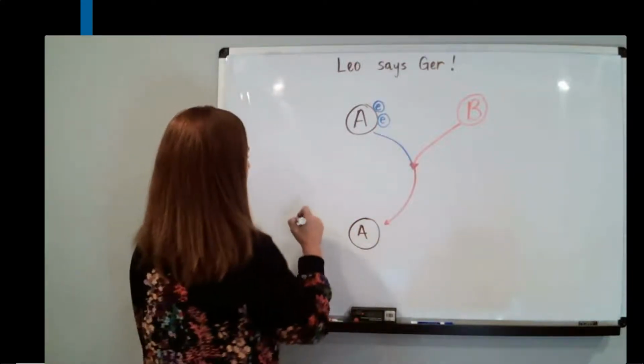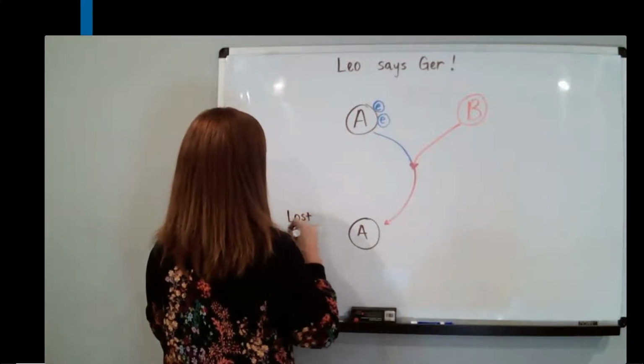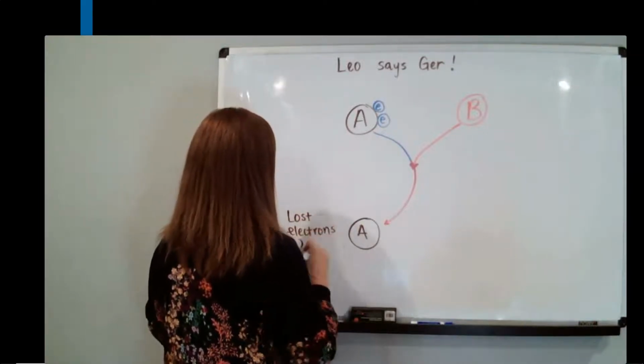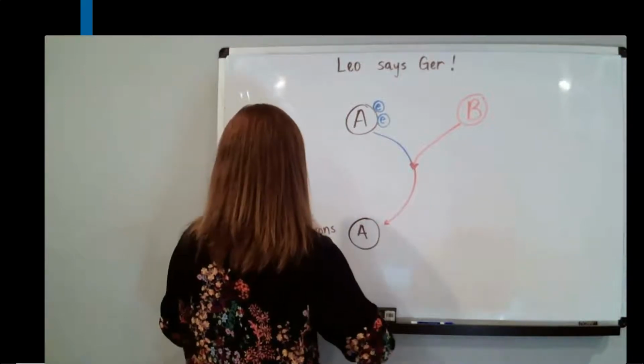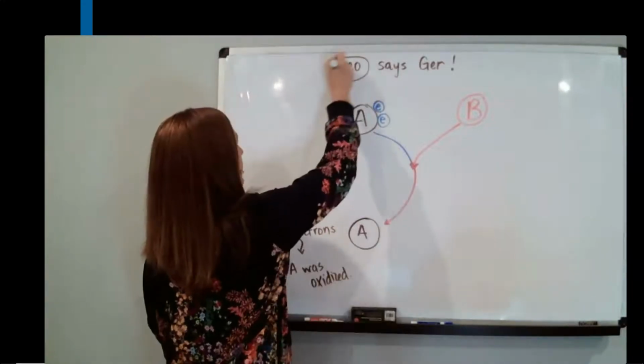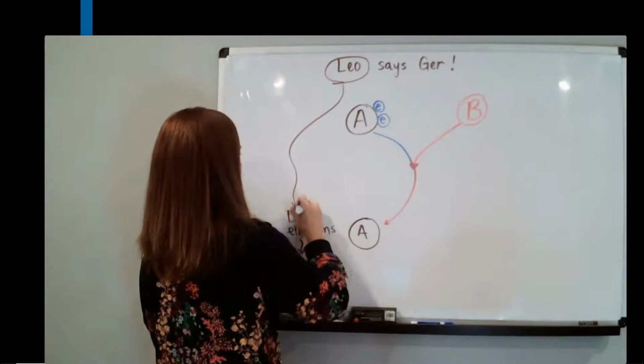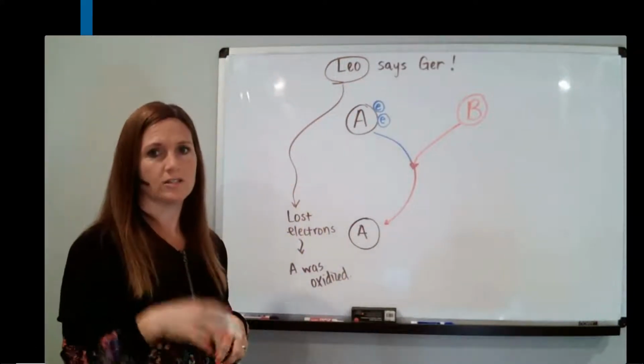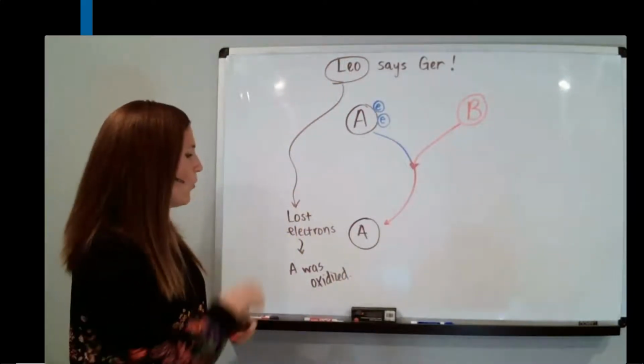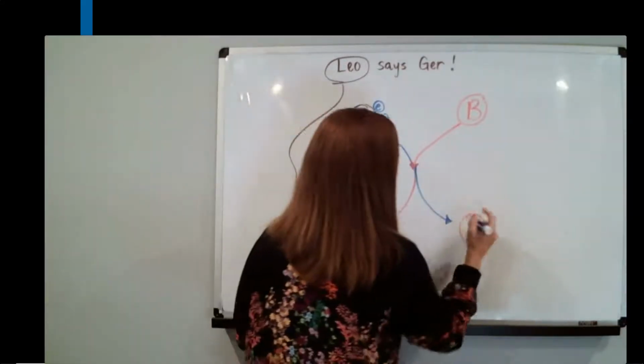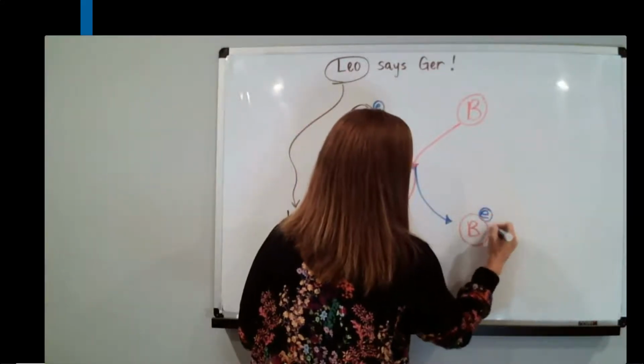So it lost electrons. So A was oxidized because Leo, it lost electrons, so it was oxidized. While B gained the electrons.